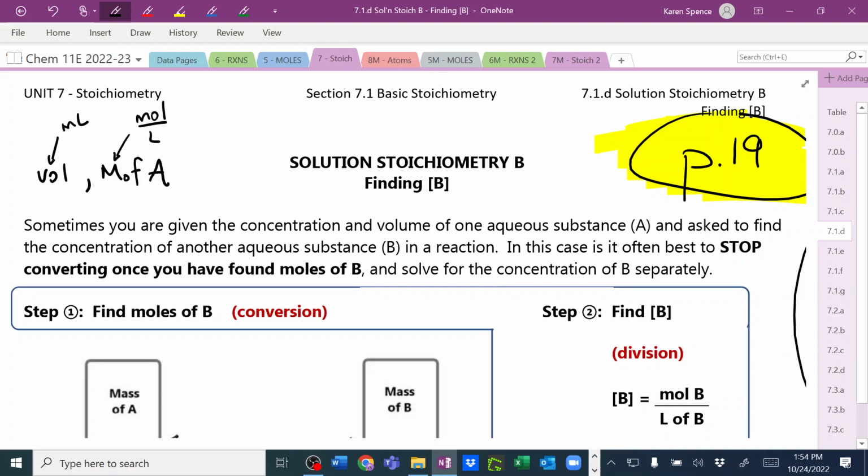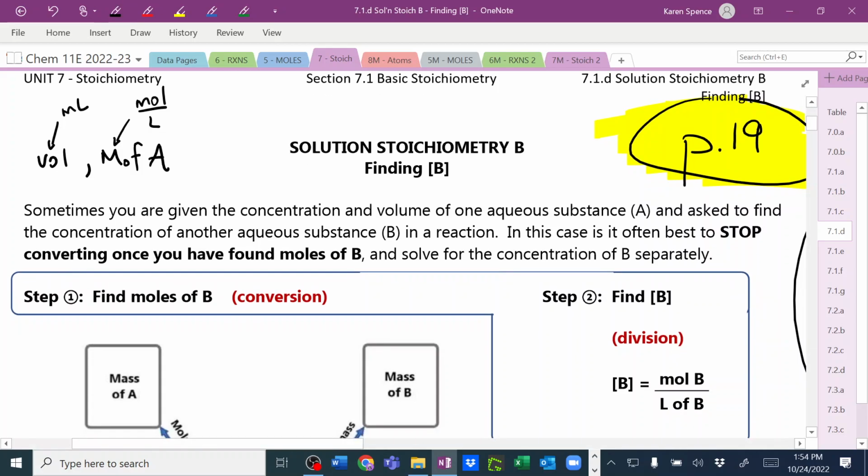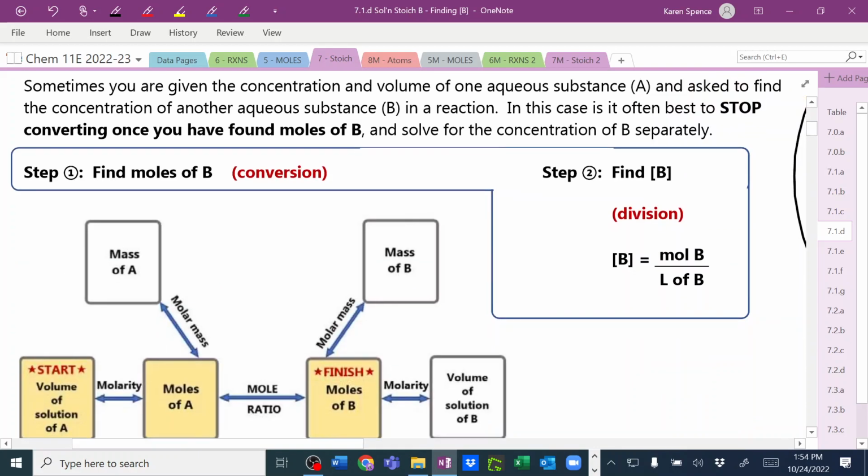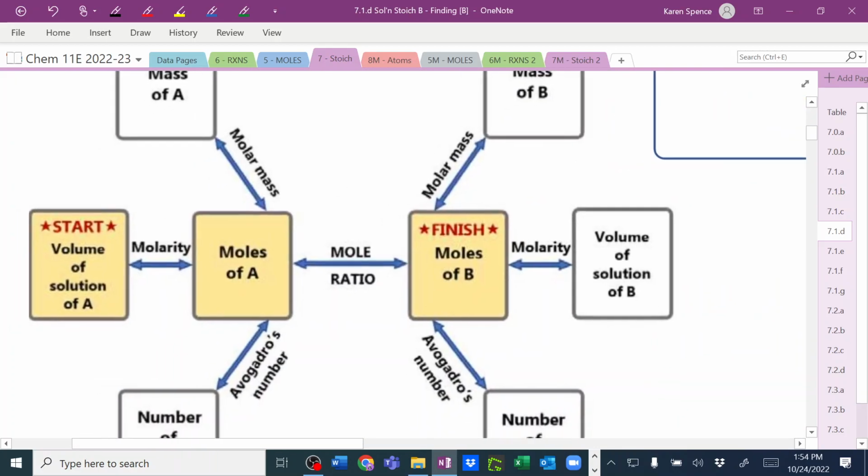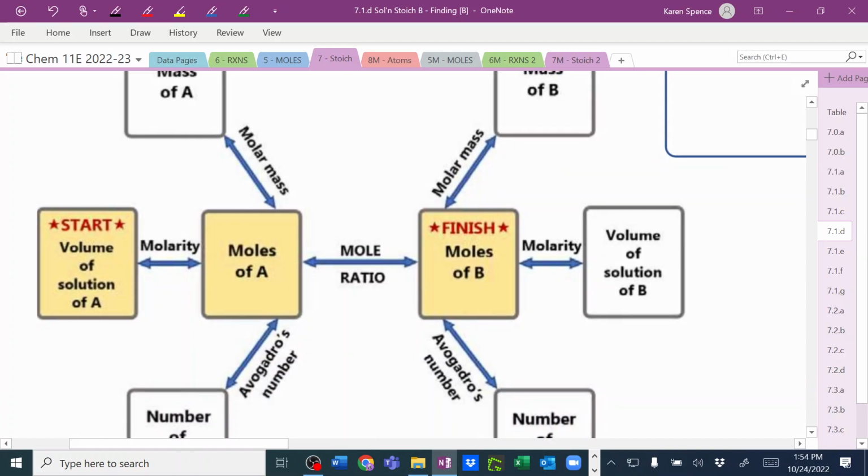The only thing that's different here about what we've done before is our last step. We have begun with the volume of solution A, we found moles of A using the molarity, we found moles of B using the mole ratio. In the past, what we've done is we found the volume of solution B using the molarity.